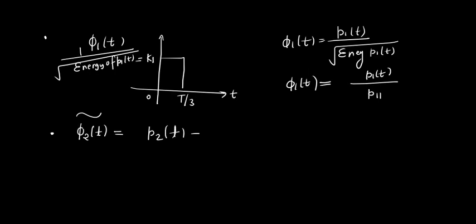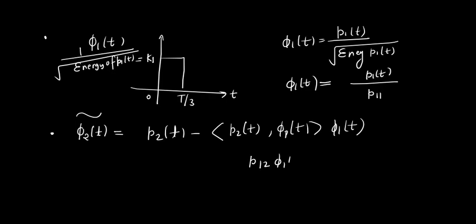P2t minus the projection, or the inner product, of P2t over phi 1t, times phi 1t. So what will you call this? Sorry, this is your P12 only. Anyway, is this zero or not? Yes, this is phi 1.